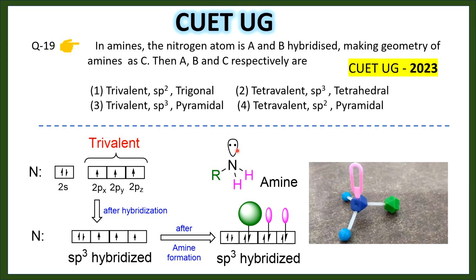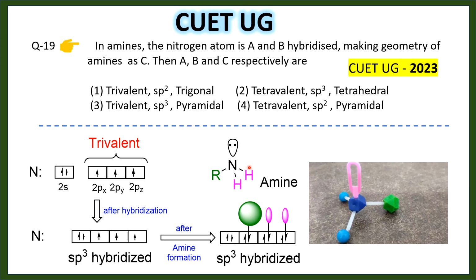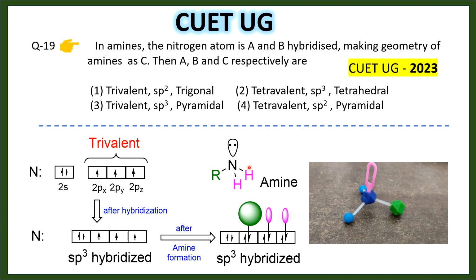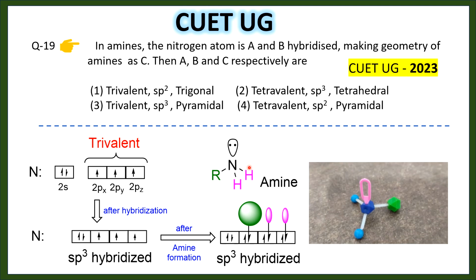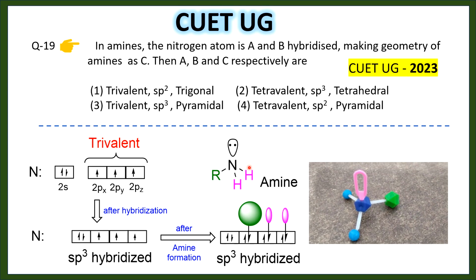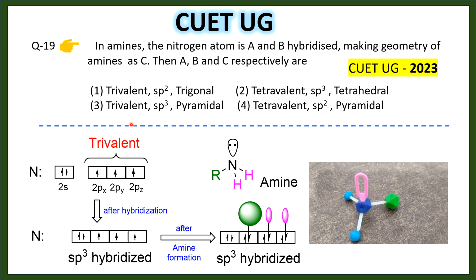Look, this is an amine, and we could see how this amine structure looks by model representation. It looks like a pyramid. So here the correct option is option 3, trivalent, sp3 and pyramidal.